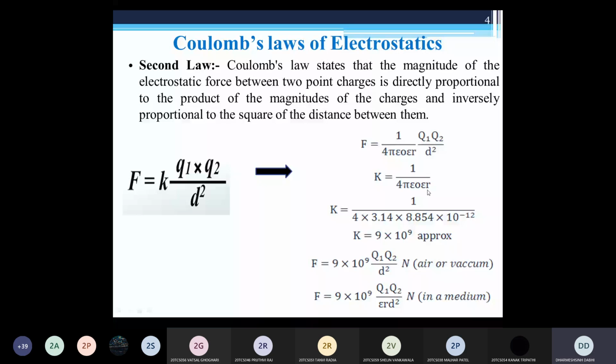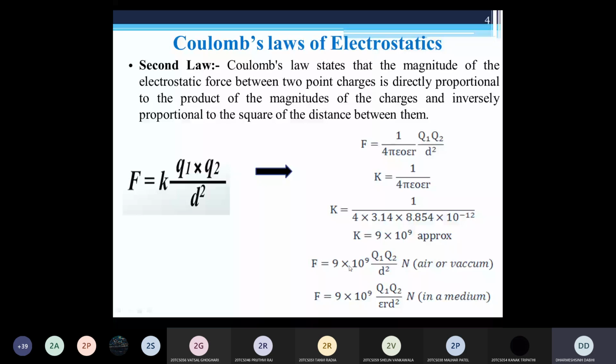So for the force acting on these charges when placed in air or vacuum, you can use this equation: F is equal to 9 into 10 raised to 9 Q1 Q2 divided by d square. You get this 9 into 10 raised to 9 from 1 upon 4 pi into 8.854 into 10 raised to minus 12, approximately.